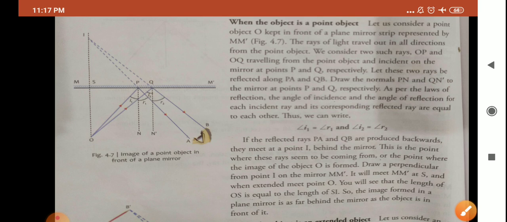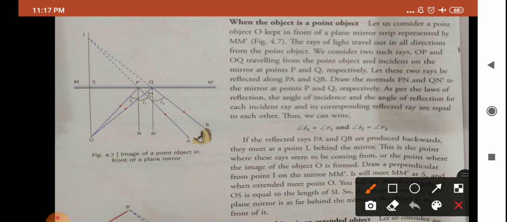Now see how. Suppose this ray OP is incident on this mirror at point P. So it will reflect like this. And as you know, as soon as the rays are reflected, an imaginary line called the normal is generated here. N is the normal.